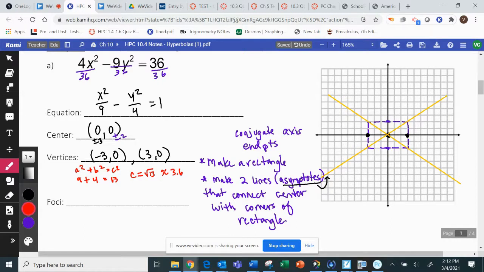And the foci go in the same direction as the vertices. So those are going to be added to the center, for this one, for the x's. So I will have negative square root 13, 0, and positive square root 13, 0. And then it's about 3.6. So I'm going to start at the center and go out 3.6 to get that graphed.